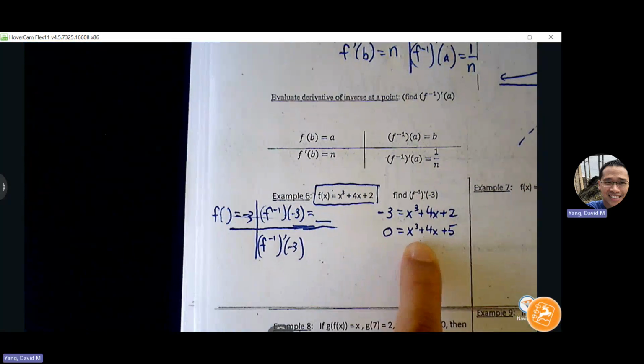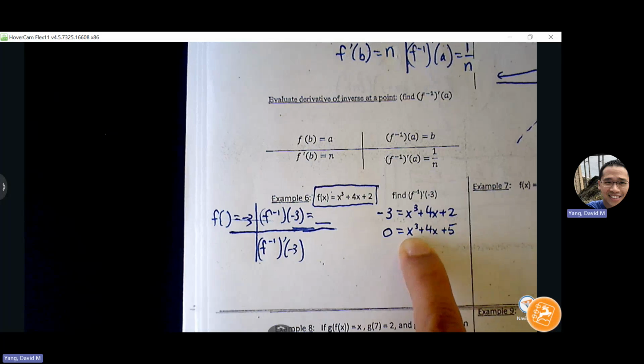Now, this is not factorable, but we'll do guess and check. We'll test different numbers until we find a number that works, but it'll be a number that's easy to find. If it's not 0, then it's going to be a number close to 0. We test 1, then -1, then 2, then -2. At worst, it'll be 3 and -3. So you'll have just 7 numbers to test.